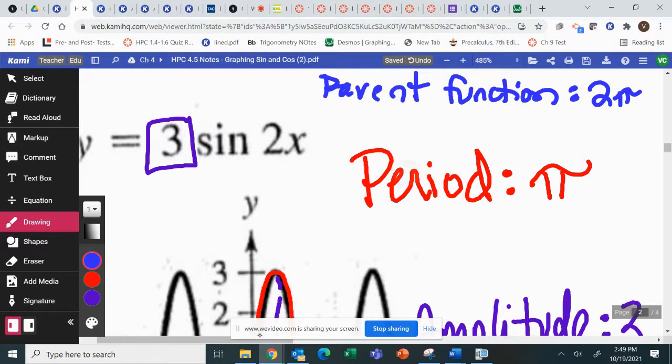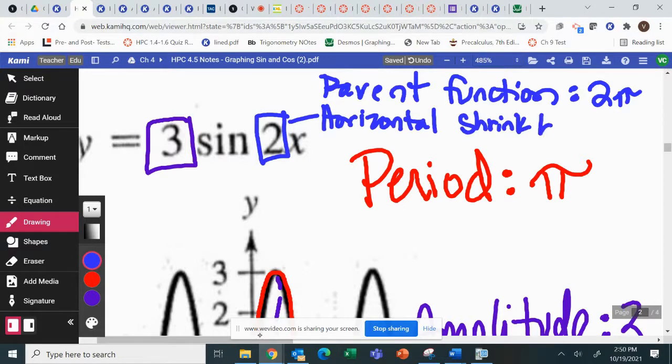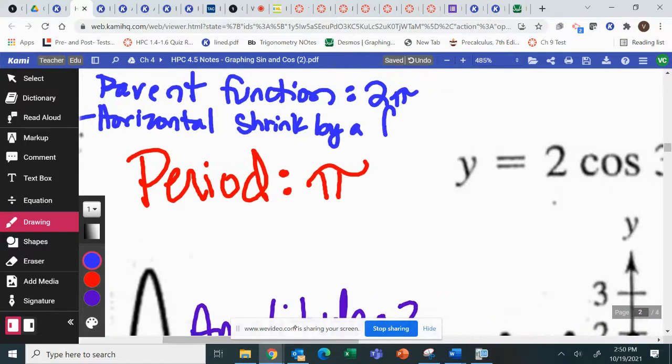And then this 2 right here is a horizontal shrink by a factor of 1/2. So when I say by a factor of 1/2, that means multiply.